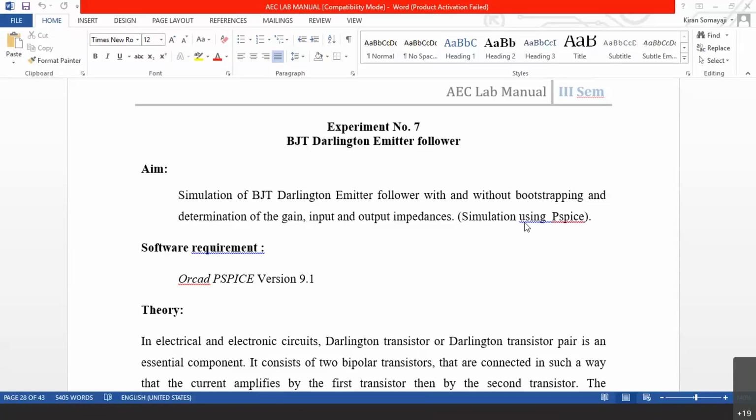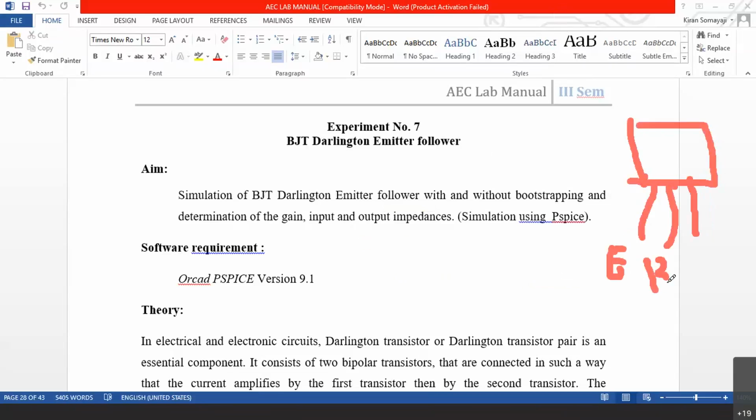There are type numbers like TIP 122 and TIP 127, both available as NPN as well as PNP. For example, let us say the package of the transistor has only 3 pins, emitter, base, collector, and this transistor's type number, let us say, is TIP 122.